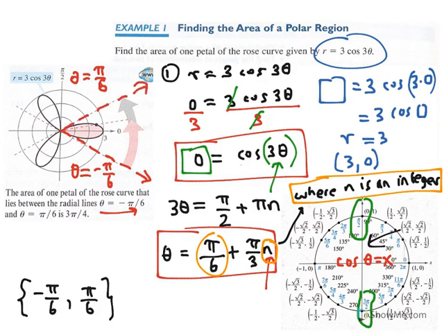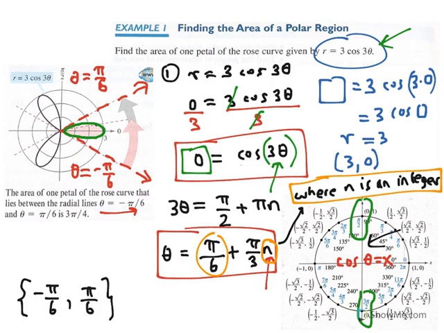So our region, which is one petal of our rose curve, is defined by these two radial lines and the polar curve that I am now tracing in green. So when I sketch the polar equation from theta is equal to negative pi over 6 to theta is equal to positive pi over 6, I will get one petal of the rose curve.